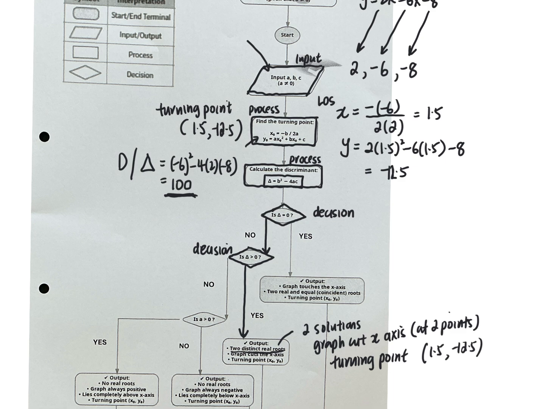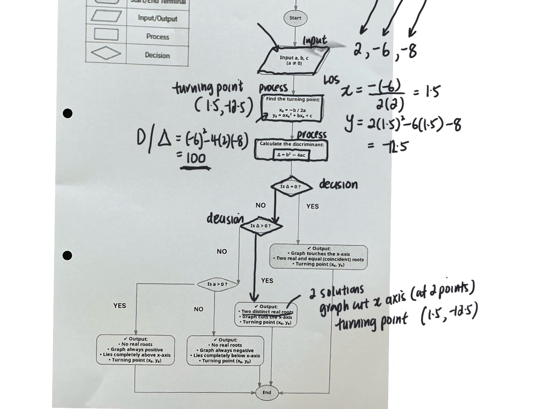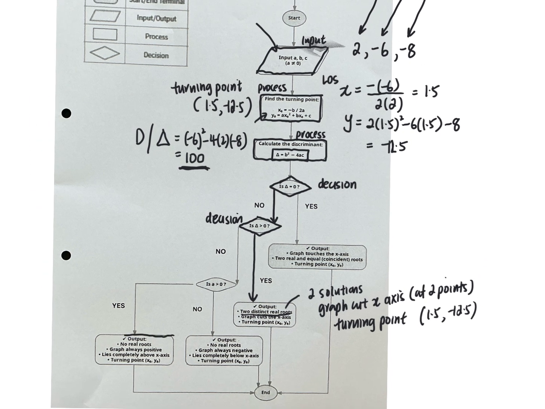You look at the 4 boxes. This one, the box they use is not perfect, it should be a parallelogram, because it's an output. Of course I don't want you to worry about the technicality here, but it's important for you to know because we are moving towards computational thinking. Then the whole thing ends.